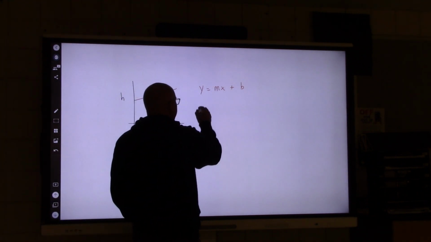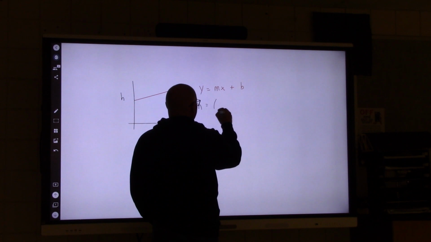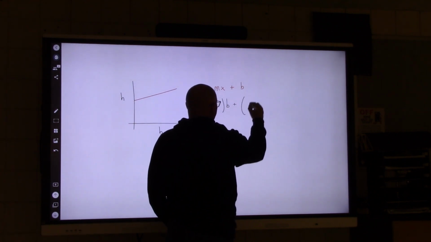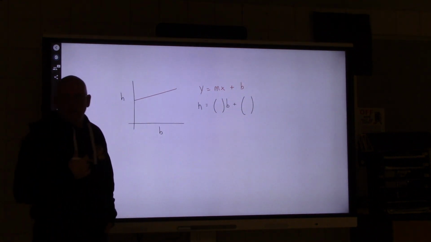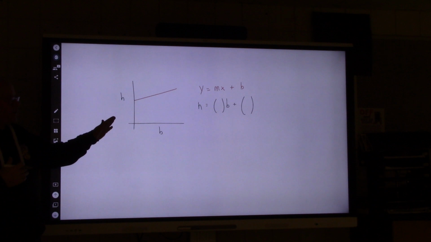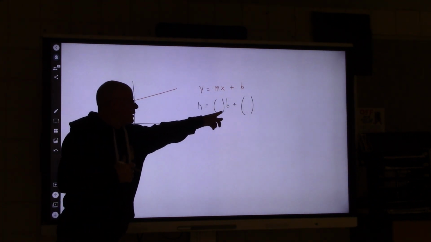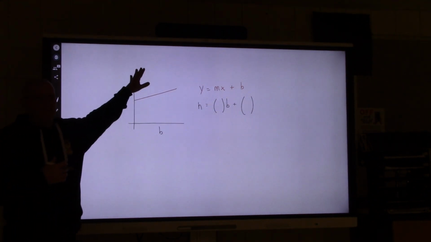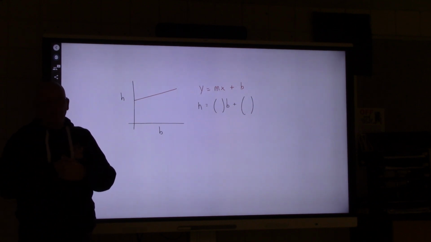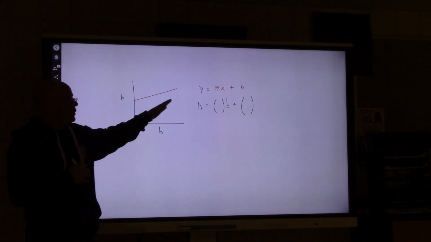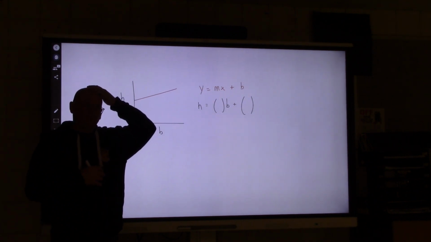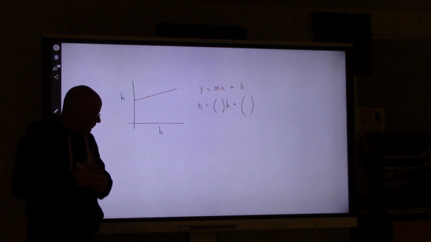So on your y-axis is h, you need something for the slope times the b value, plus something for the intercept. You with me on that? So when you go to write the equation, you need to know what is this thing and what is this thing, and you're going to get them from here. Okay? So you're going to use the equation in part B to inform your understanding, so after you draw the graph, you can do part D. Okay. Is that cool? Okay.